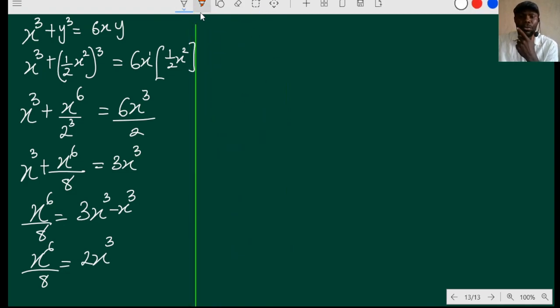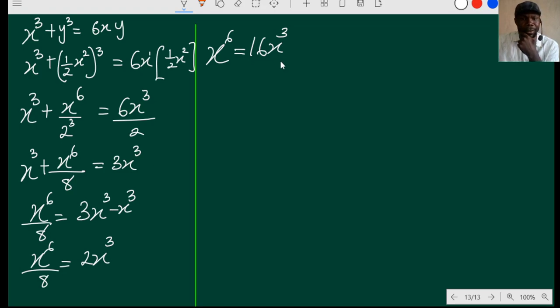In continuation, you discover that x to the power 6 is the same thing as 16 x to the power 3.